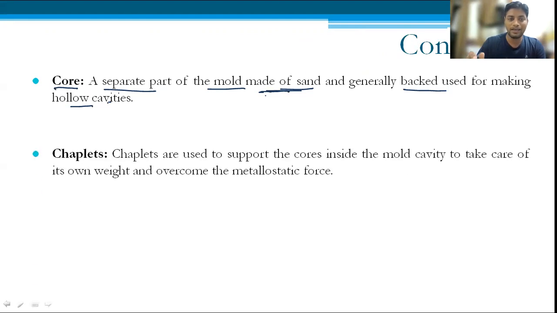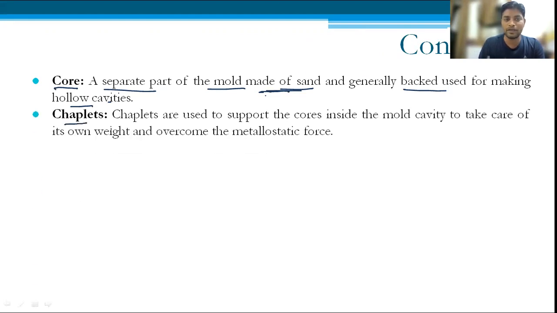Next are the chaplets. Chaplets are used to support the core inside the mold cavity, to take care of its own weight, meaning the chaplets' weight as well as the core weight, and to overcome the metallostatic force.